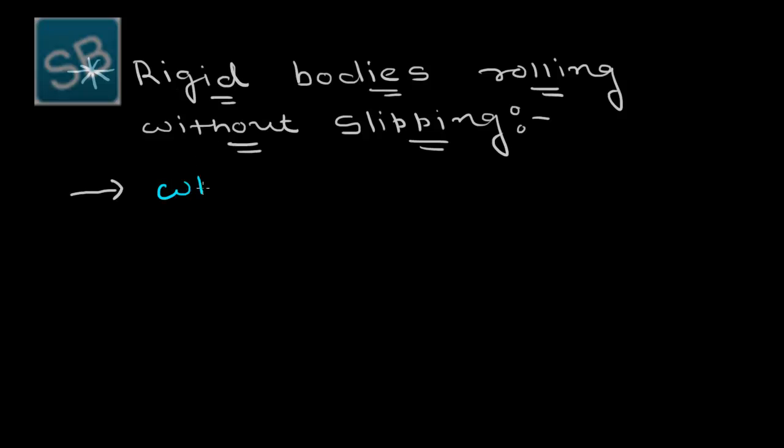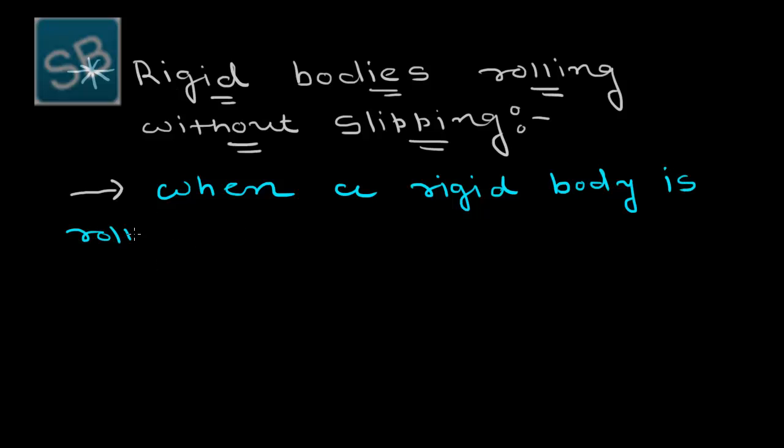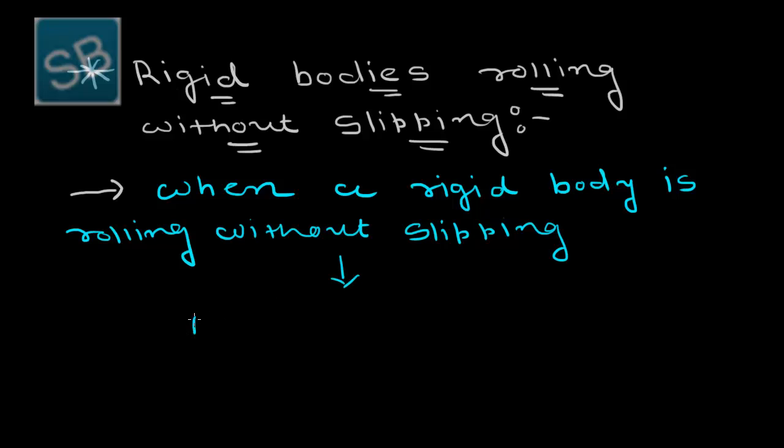So when a rigid body is rolling without slipping, then such kind of motion is the combination of linear motion plus rotational motion.